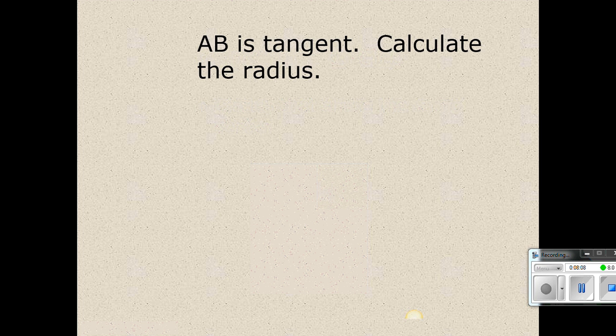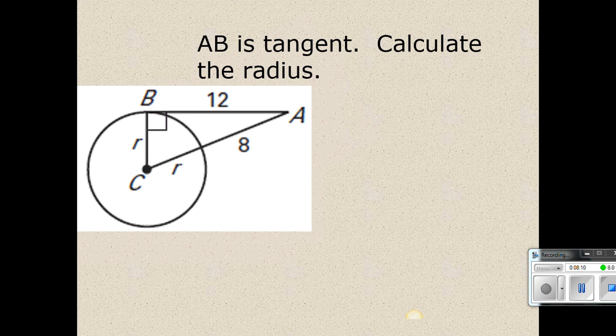Now I have a figure where AB is tangent, and the point of tangency is B, and you want to calculate the radius. Well, the radius is from the point on the outside of the circle to the center of the circle, so that's why we labeled that R. We have a 90-degree angle, so we can use the Pythagorean theorem.